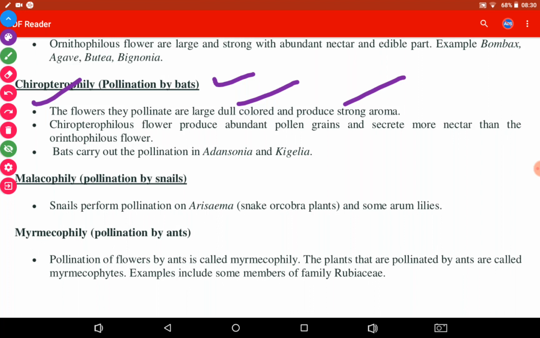Now Chiropterophily, pollination by bats.